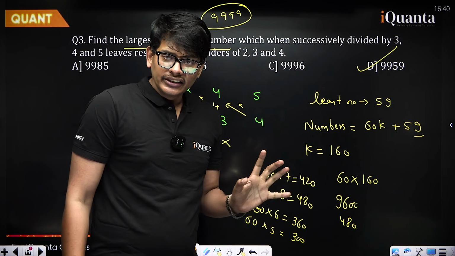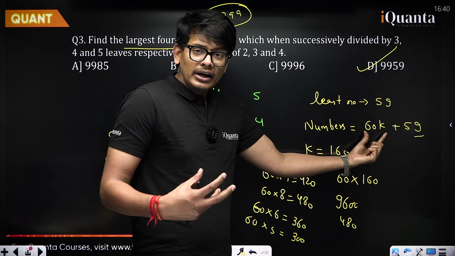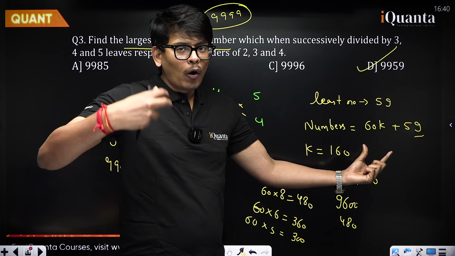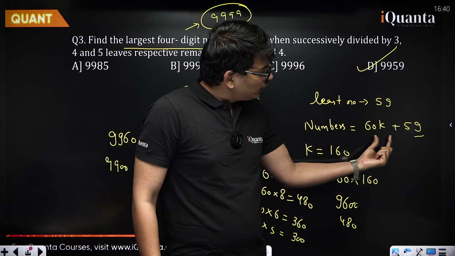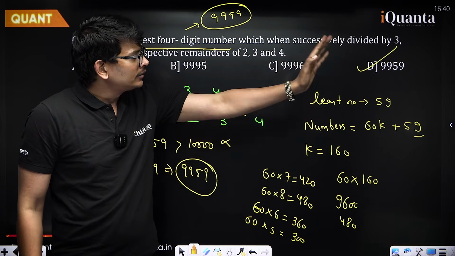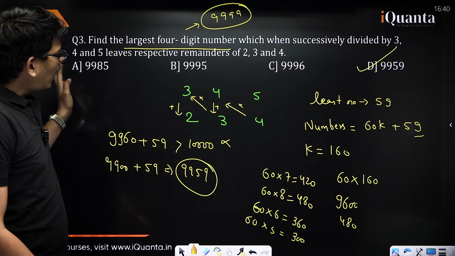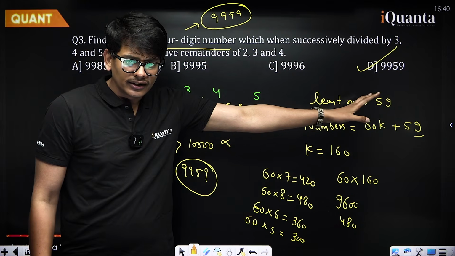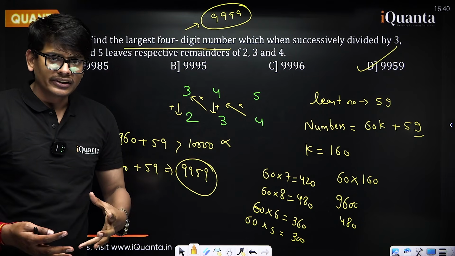This number ends with 0. So whatever the multiple of 60, that multiple will always end with 0. So 0 plus 9, the answer should have unit digit 9. But out of the options, D is the right answer. But you need to understand the concept as well.